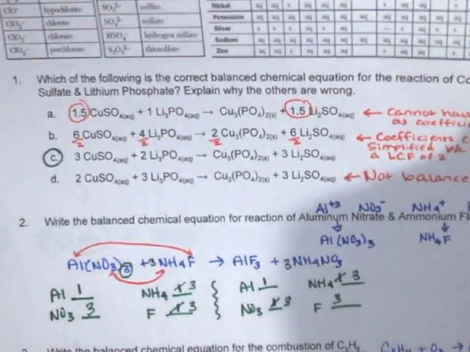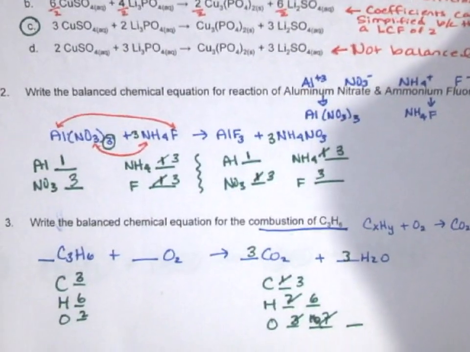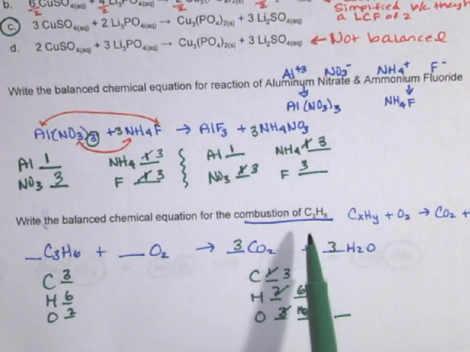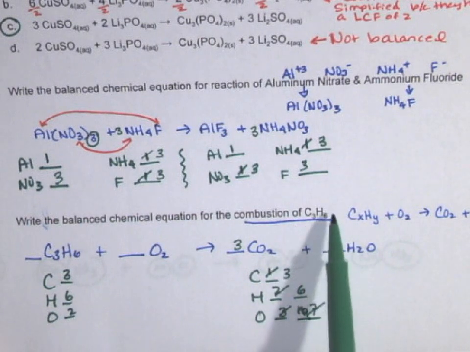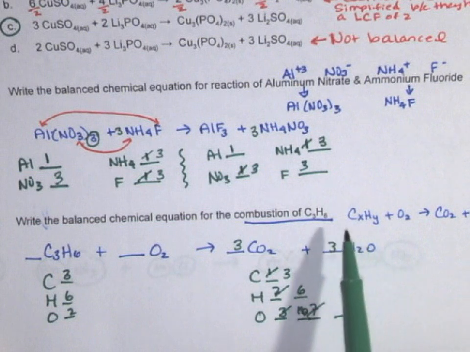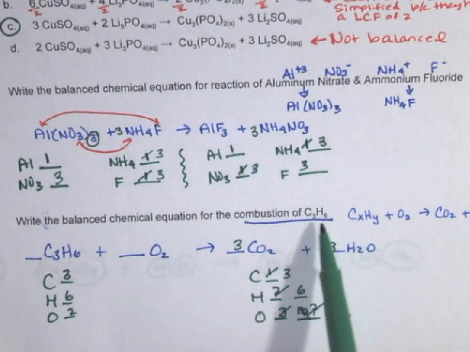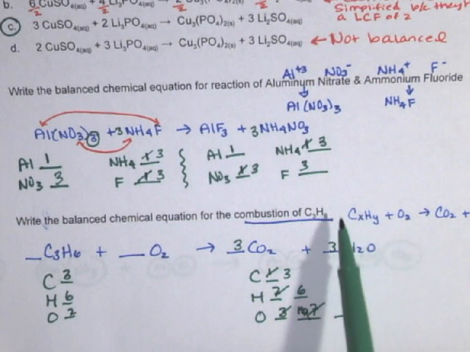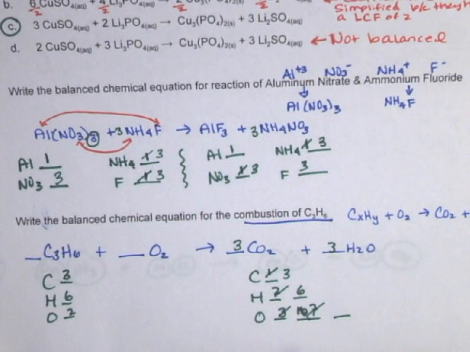Okay, last example was balancing combustion reactions. So to balance a combustion reaction, first off, I just give you the compound C3H6, so that's the molecule, and I tell you it's a combustion. So you have to recognize that a combustion reaction is going to react C3H6 with oxygen and make CO2 and H2O, since this is a combustion of a hydrocarbon.